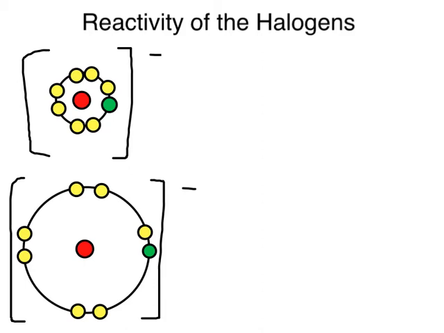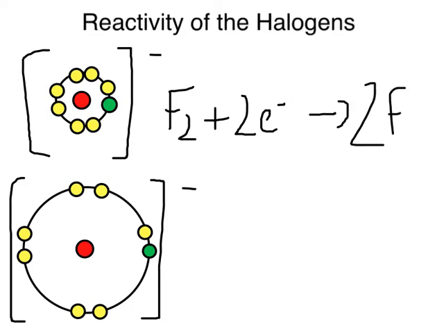So let's call this top one fluorine. We're going to have F2. Because we've got two of them, we're going to need two electrons, so we add two electrons, and that will make 2F minus. Now what I'd like you to have a go at is to draw the reactions like this for the other four halogens.